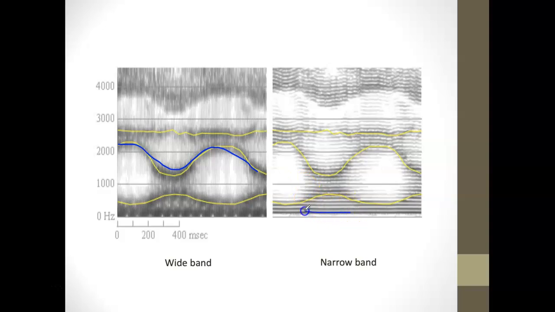But you can see the fundamental and the harmonic structure. Sorry, I can't overlap those. But you can see frequency energy very well. You can see the individual harmonics. So in narrowband, you get very good frequency information, and in wideband, you can see temporal information much better, but you can't see the frequency content as well.